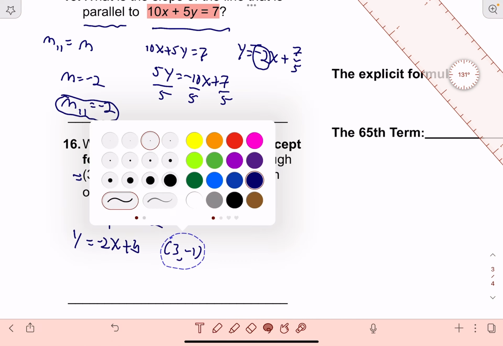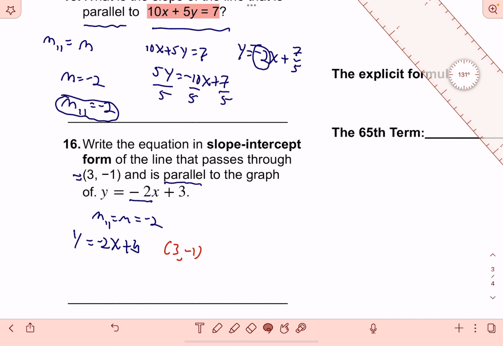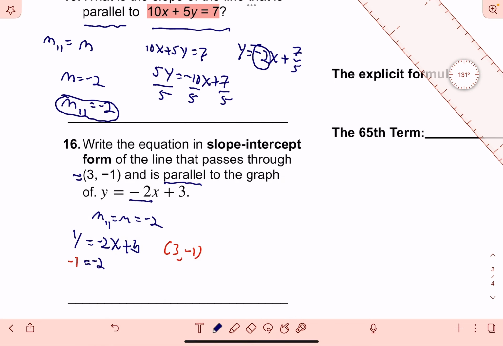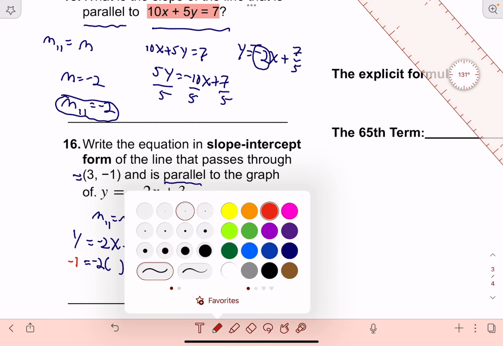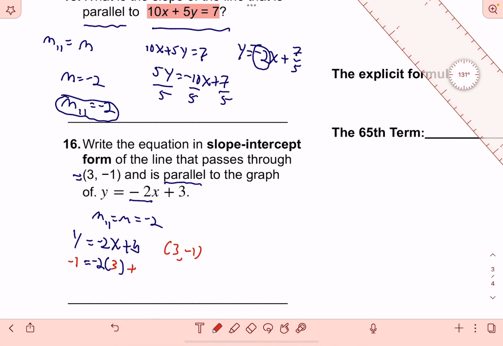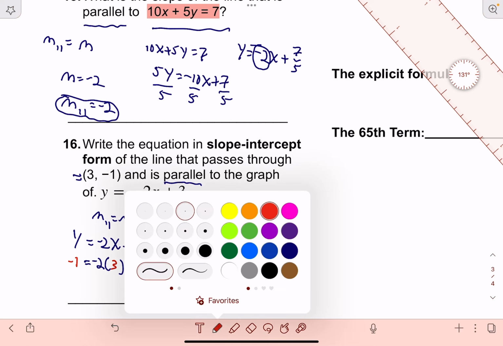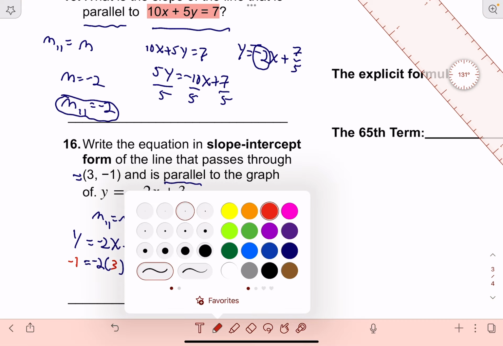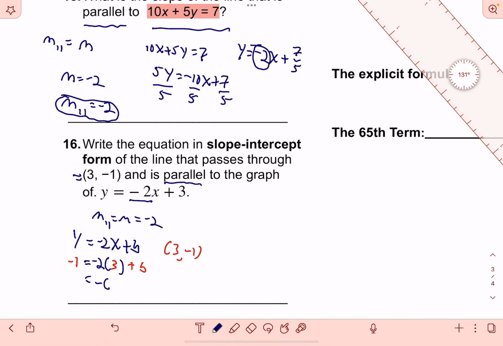So now we have negative 1 equals negative 2 times 3 plus b. Solving this, you get negative 6 plus b equals negative 1. Add 6, you get b equals 5.